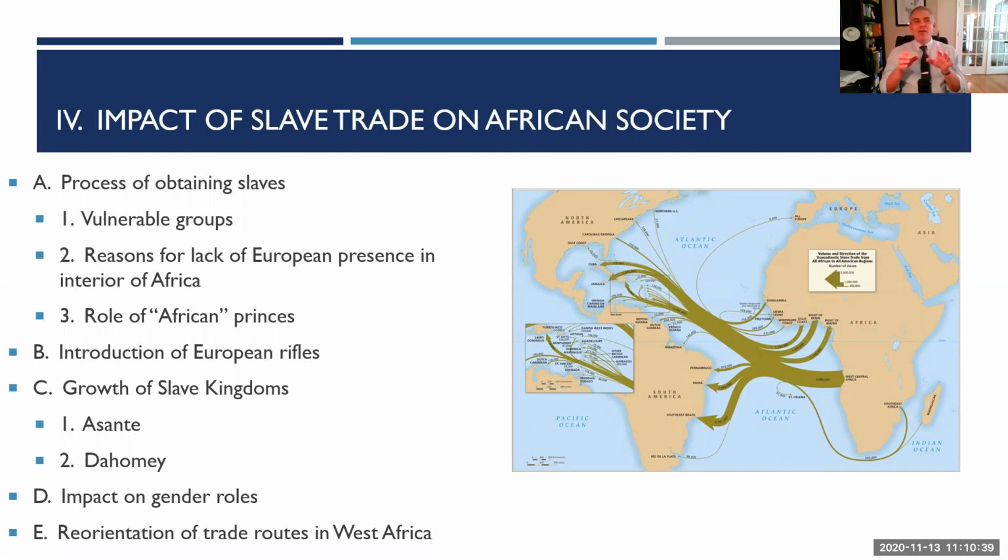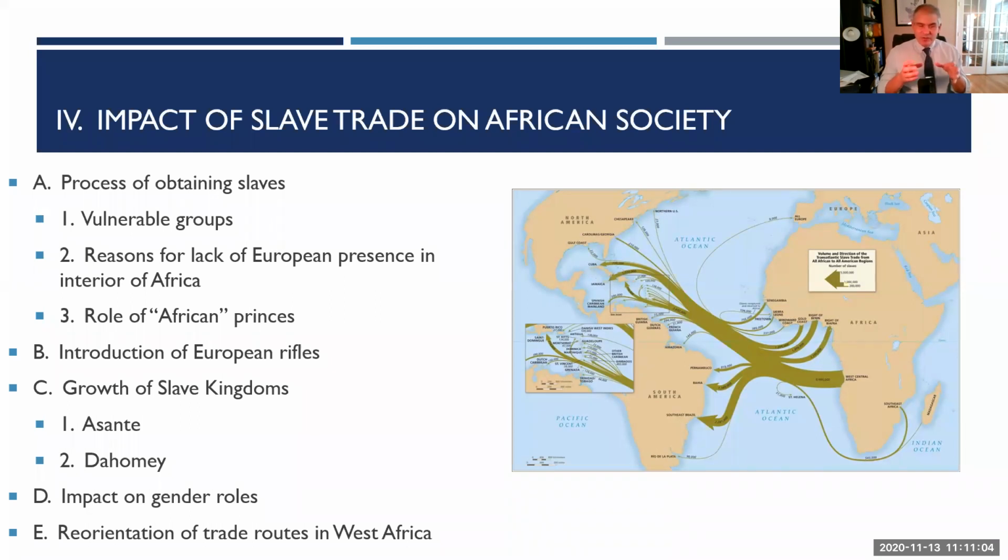Okay. When we talk about slave kingdoms, we're talking about kingdoms in Africa where the wealth is based on this developing trade of enslaved Africans. And so what we start getting are new kingdoms that pop up, kingdoms like Asante and Dahomey. You can put in Benin.